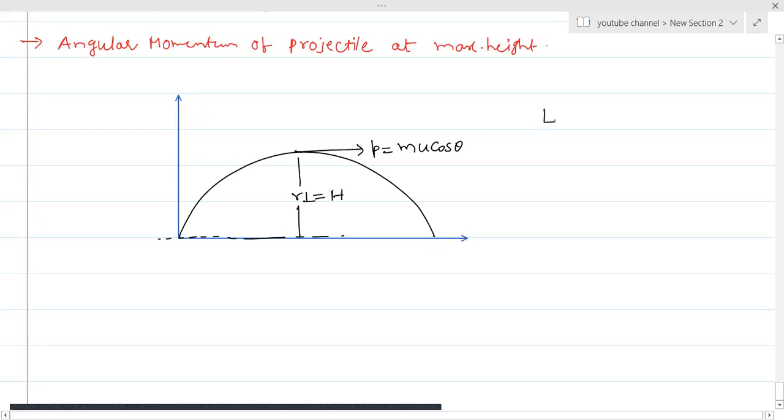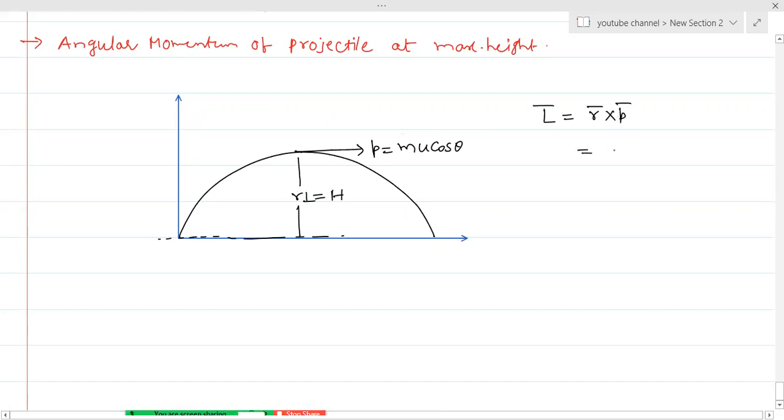So angular momentum L bar, generally we know, is r bar cross p bar. But we will write any cross product simply as the product of perpendicular distance and the respective vector, r perpendicular and p.